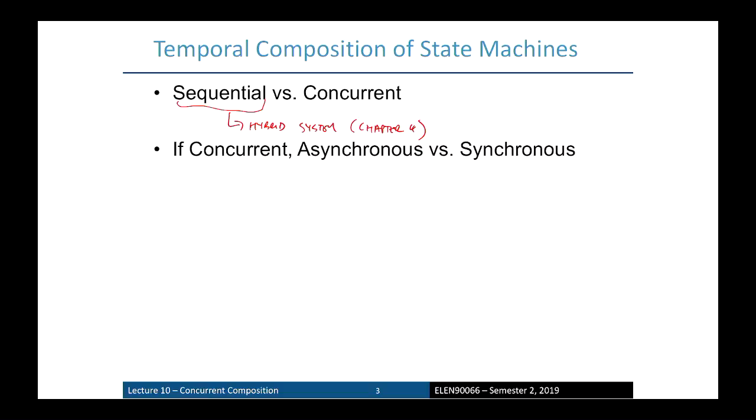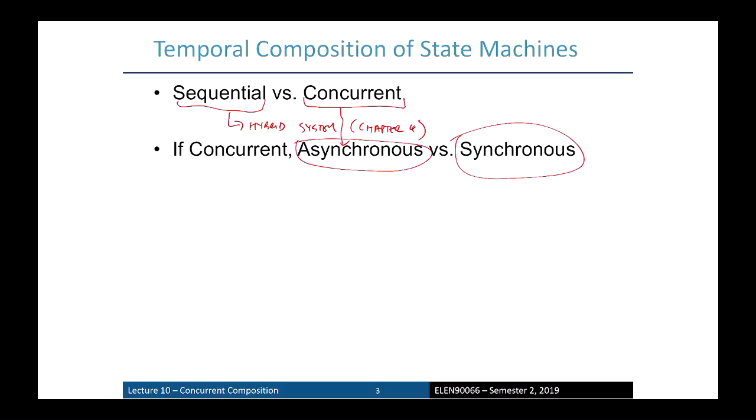We're going to look at concurrent. So if concurrent, there are asynchronous and synchronous temporal compositions. Synchronous is the easy one. Asynchronous leads us down a path where we have decisions to make about what asynchronous means with respect to sub-state machines reacting.